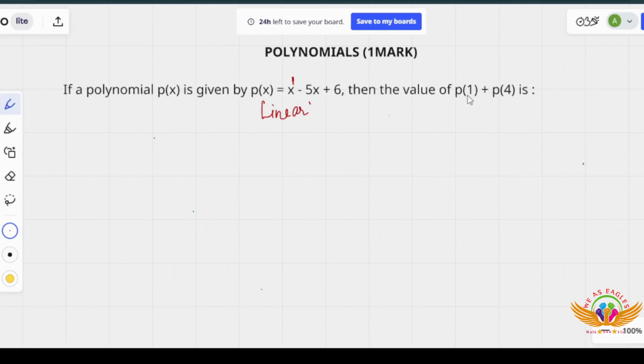So for p of 1, in the place of x, we need to replace the variable x with number 1. And in p of 4, we are going to replace the x value with number 4. Let us do that.